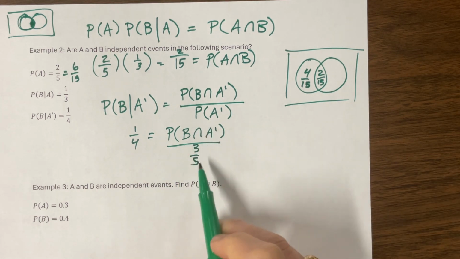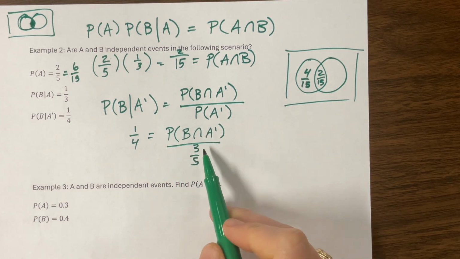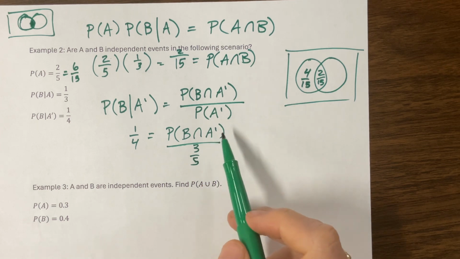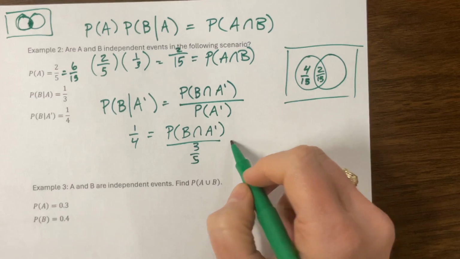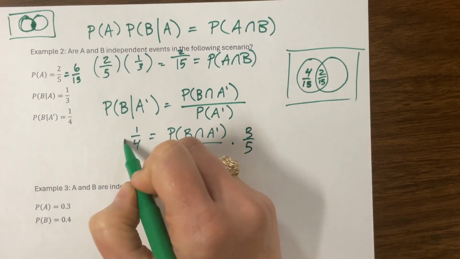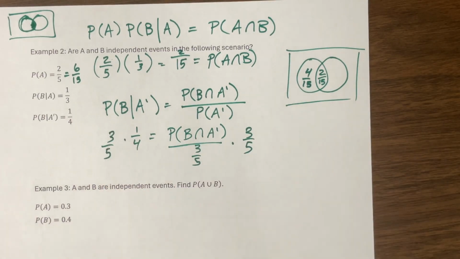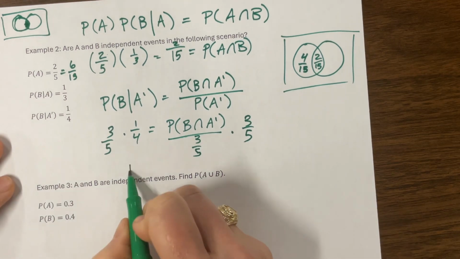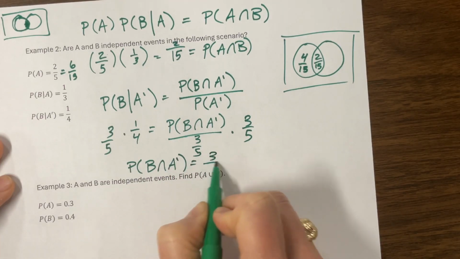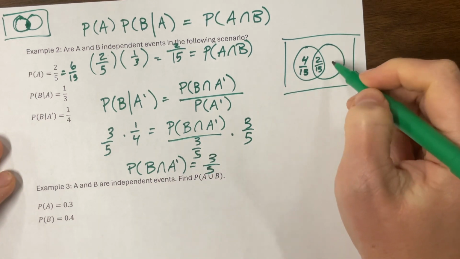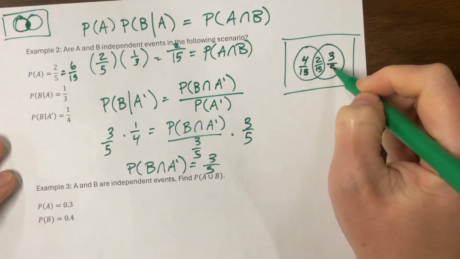Since I have something being divided, how do I undo division? I multiply. So I'm going to multiply both sides by 3/5. And I get 3/20. So the probability of B intersect A naught is equal to 3/20. So that means B intersect A naught is this right here.